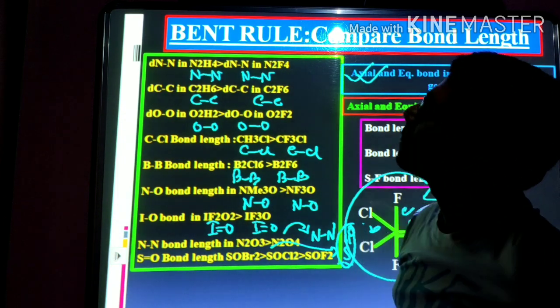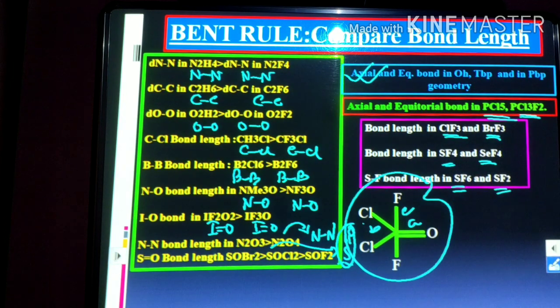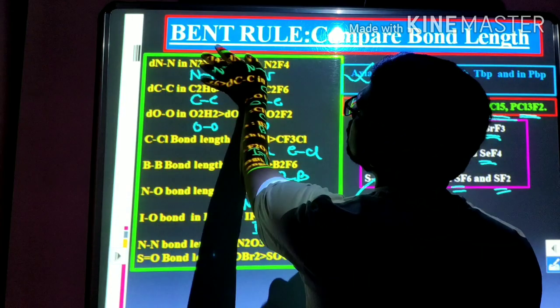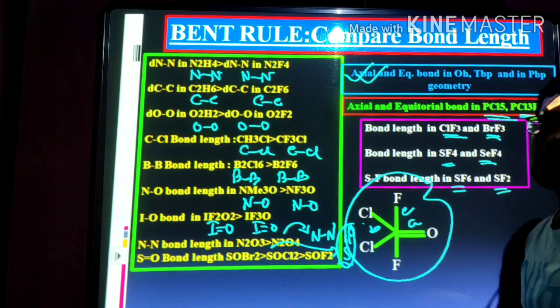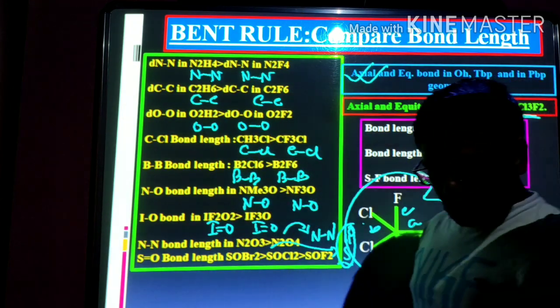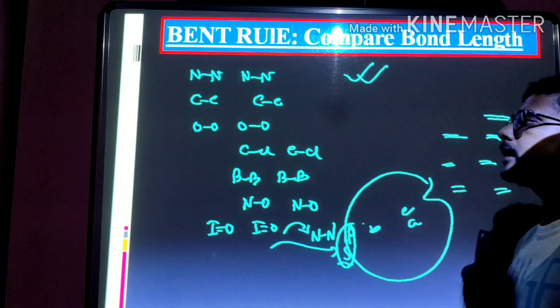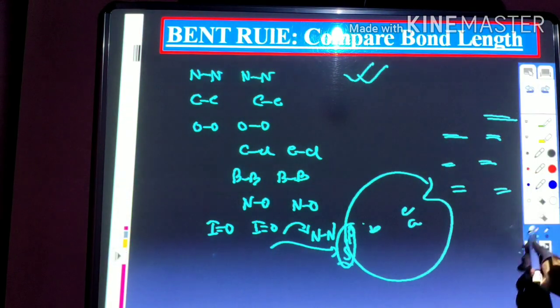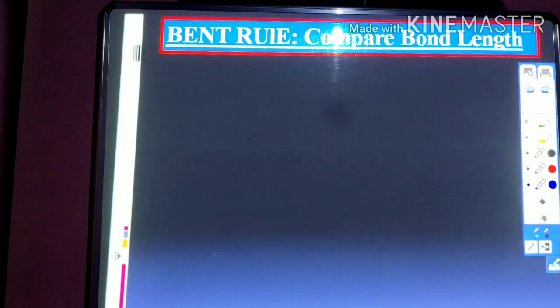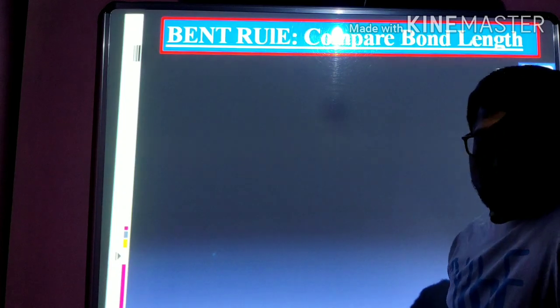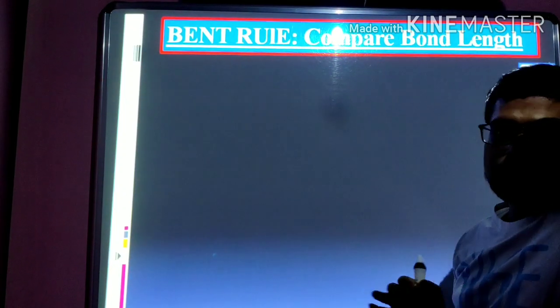Okay, so before I discuss in detail the bond length variations in each case, let me briefly tell you about Bent's rule. See, in my last lecture, I discussed Bent's rule in detail. Please go through that video, then you will understand this lecture very well.